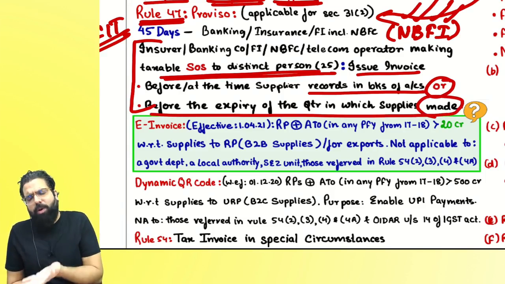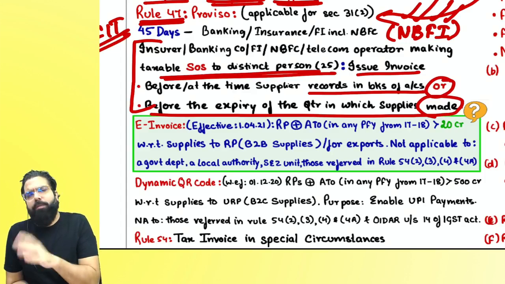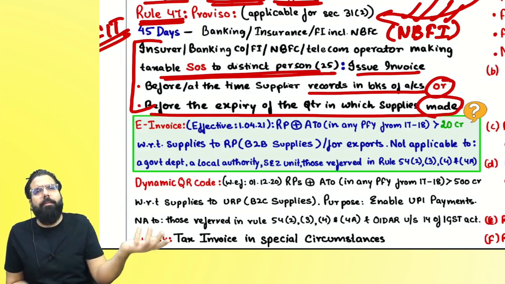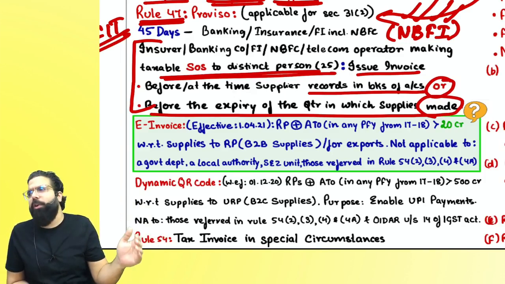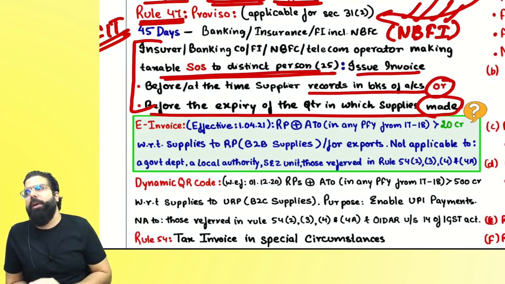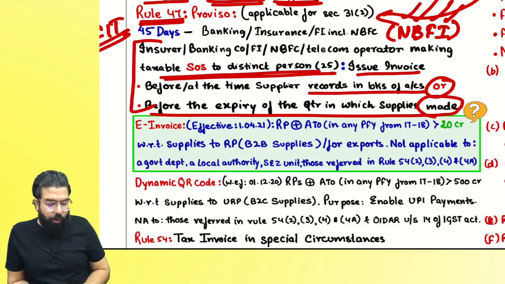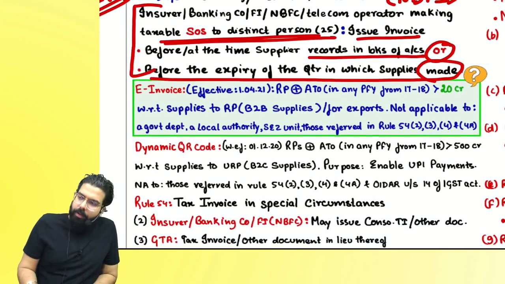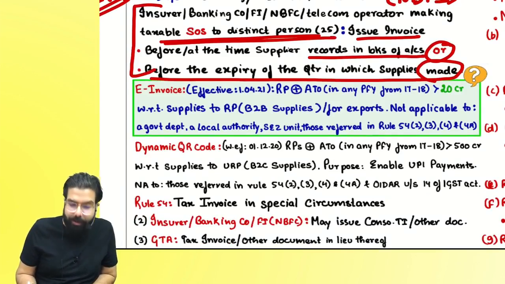So if you have done the entry today, you will do it today. Sir, if you have not done the entry today, but the quarter is going to expire, before the quarter ends, you should raise the invoice.